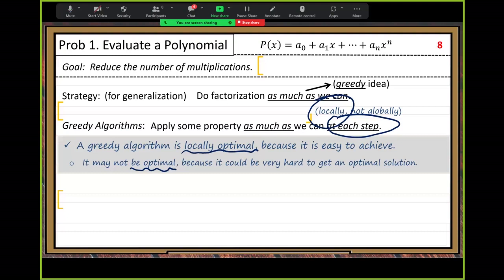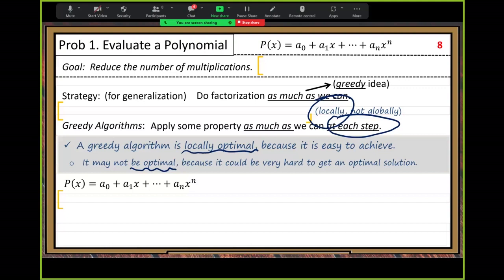That's the basic understanding of the greedy algorithms. After I explain this simple but important greedy algorithm, later we have a few more chances to apply it.